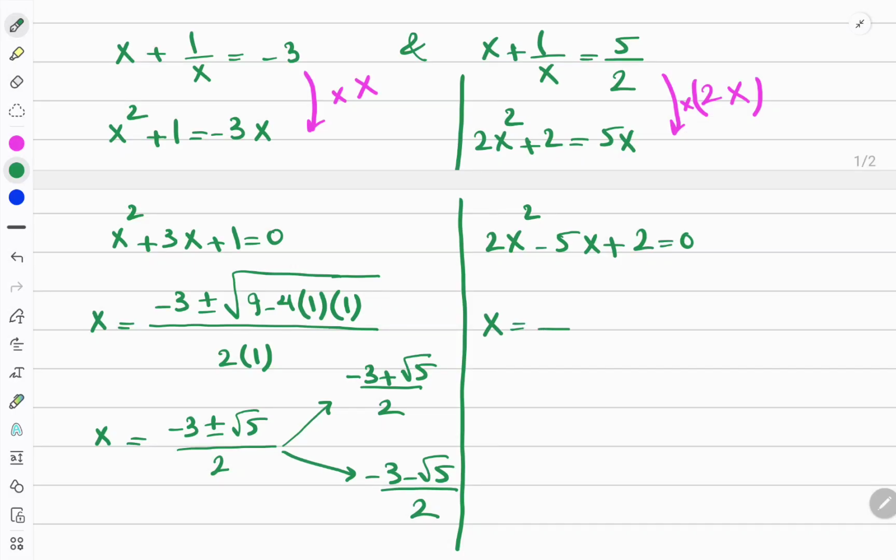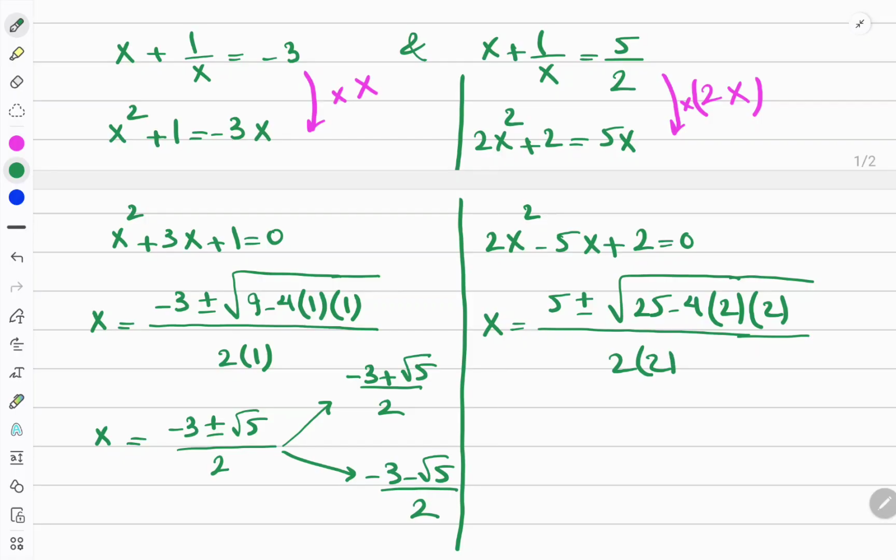So x is, according to the quadratic formula, negative b plus or minus the square root of b squared minus 4ac, over 2a. So x is 5, plus or minus the square root of 25 minus 4 times 2, which is 8, 8 times 2 is 16. 25 minus 16 is radical 9 over 4.